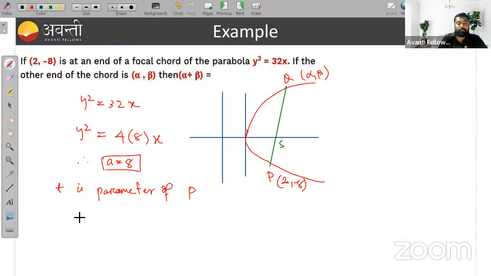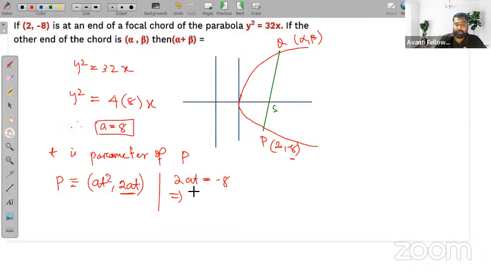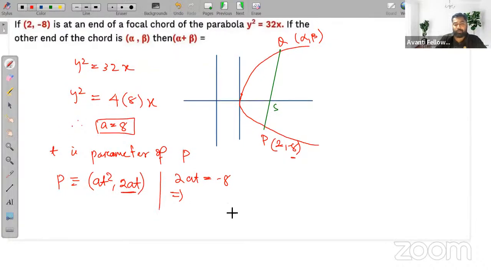That is at square, 2at. If we compare both coordinates, that is a t square, 2at and 2, minus 8, by comparing the y coordinate of P, which is minus 8, we say 2at is equal to minus 8. Using the value of a, that is 8, T is equal to minus 1 by 2, I am getting.